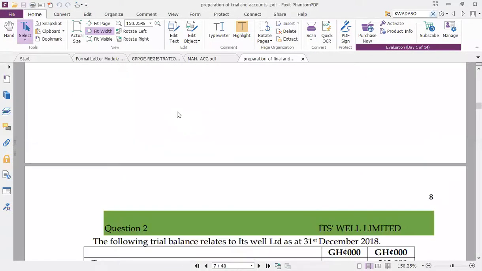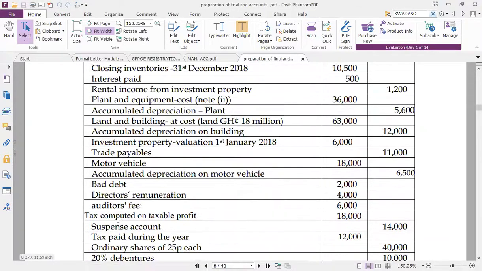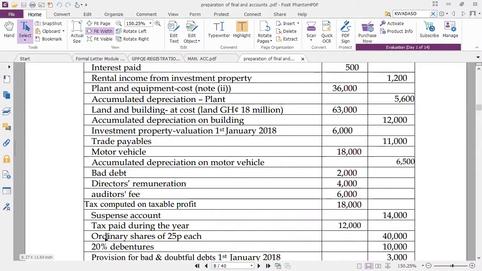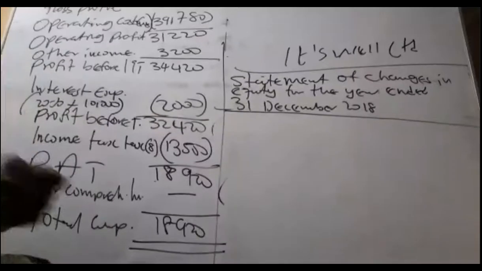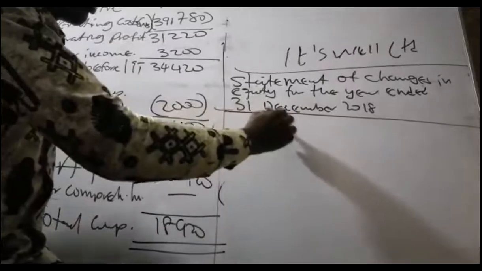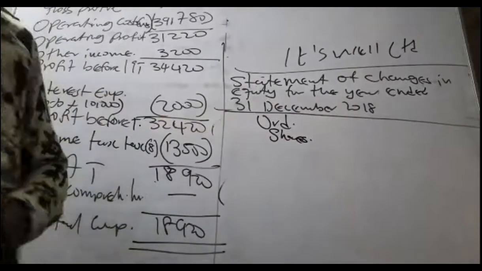You have to check it from the trial balance. Okay, so here ordinary shares of 25 pesos each. The value is 40,000. So I'll record it here: ordinary shares. Then check again.